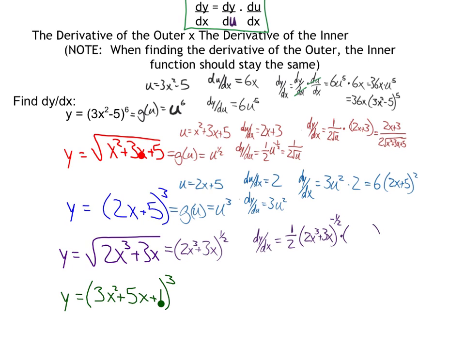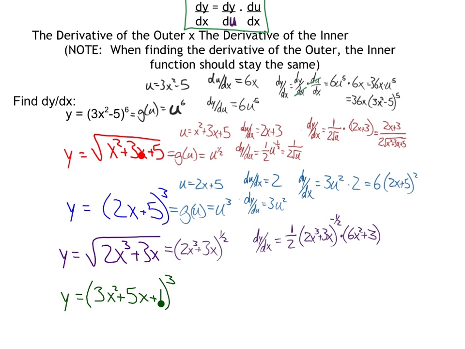Now I need to multiply that by the derivative of the inside. So what is the derivative of this inner function? 6x squared plus 3. Very good. The derivative of 2x cubed is 6x squared. The derivative of 3x is just 3.